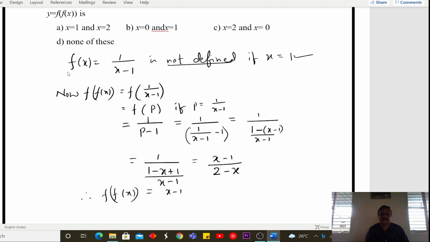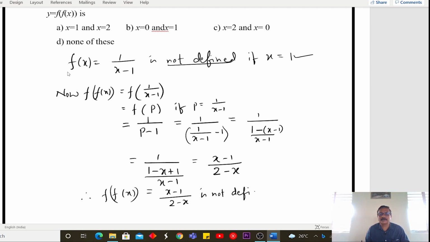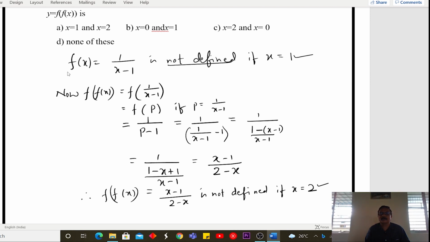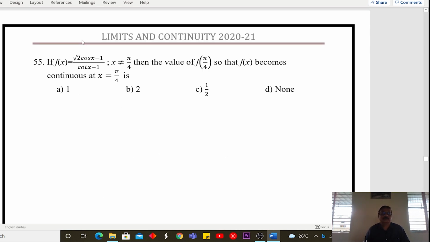That is x minus 1 divided by 2 minus x. Now again, this is not defined. ಯಾವಾಗ define ಆಗೋದಿಲ್ಲ? If the condition x is equal to 2, ಇಲ್ಲಿ x value 2 ಹಾಕಿ 2 minus 2, 0, any number upon 0 is not defined, so it is not defined when x equal to 2. So first point, x equal to 1, which is not defined, and x equal to 2 is not defined, so that option ಯಾವುದಾಗುತ್ತೆ? Option A is the right option. Okay, next question.